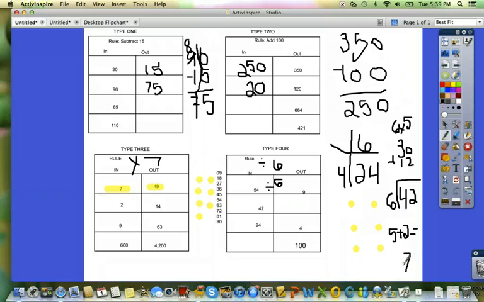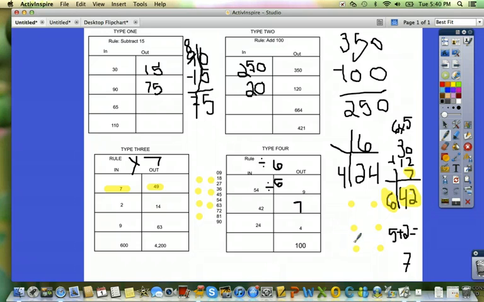See, Mrs. Gardner is already showing you some kind of strange and new algorithms to figure out some of your math problems. So again, now I have 6, let me change to a highlighter, 6 times 7 equals 42. Okay? So I know over here I would need to put 7.